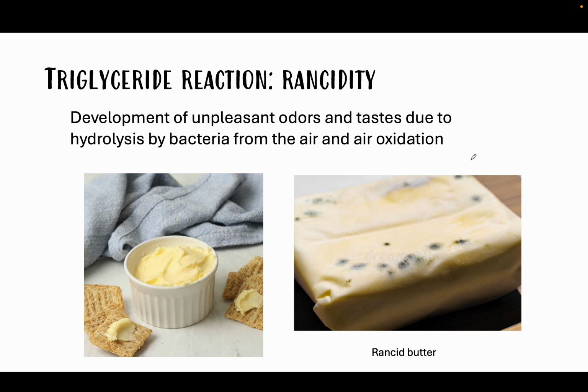Now, another reaction would be rancidity of triglycerides. Usually, this is observed in food. They develop unpleasant odors and taste because of hydrolysis. The reaction behind this is hydrolysis by bacteria, and then, of course, air oxidation.